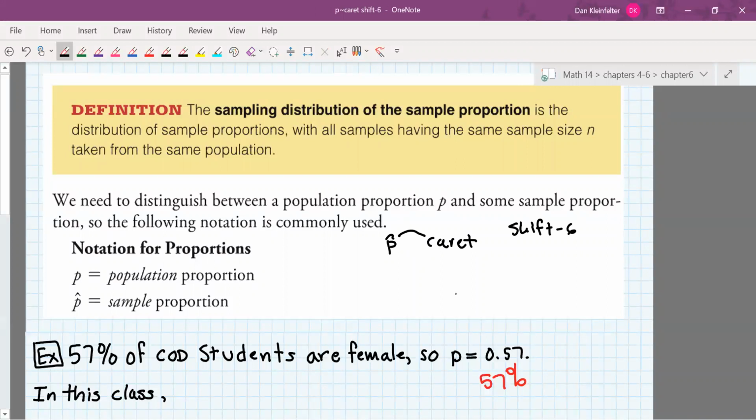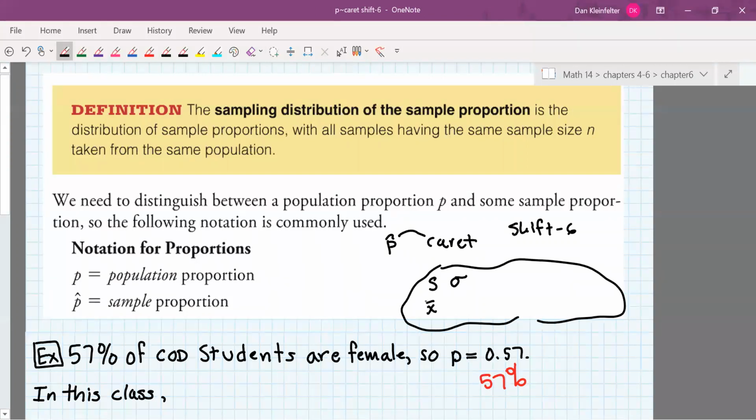You'll notice that this deviates from the way we were doing things before, of having a Roman letter for the sample standard deviation and a Greek letter for the population standard deviation, a Roman letter for the sample mean, and a Greek letter for the population mean. For proportion, we're not doing that because the Greek letter for p is going to be pi, right?